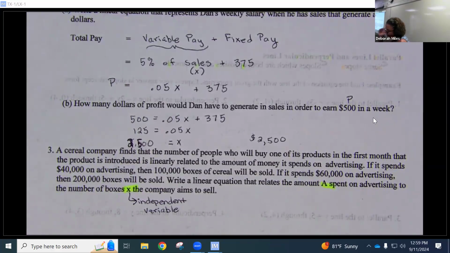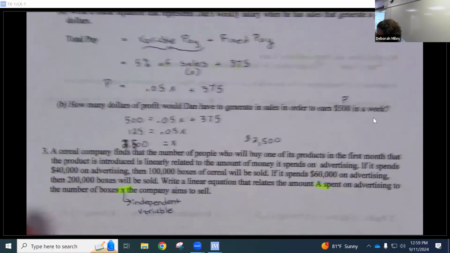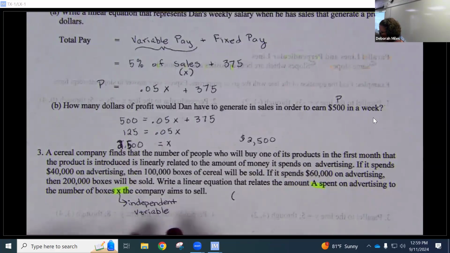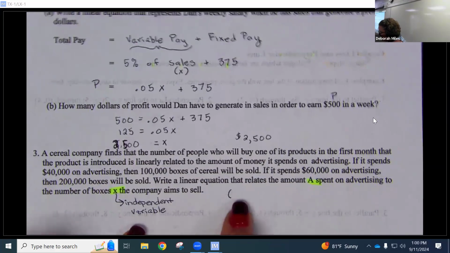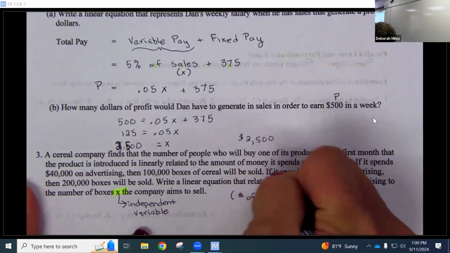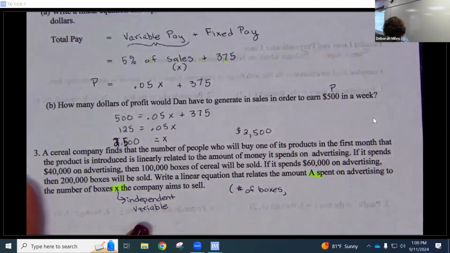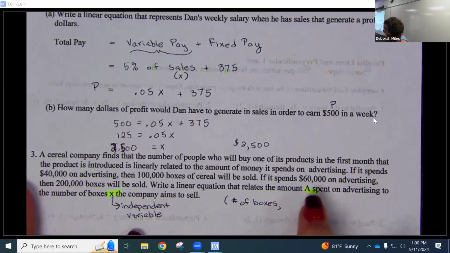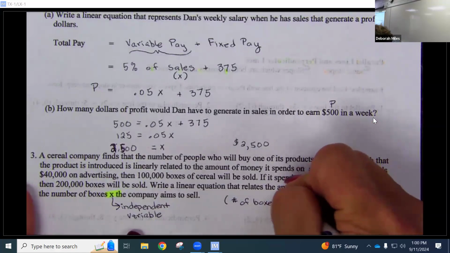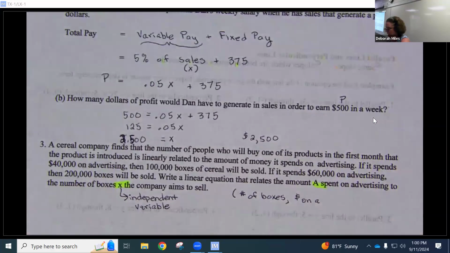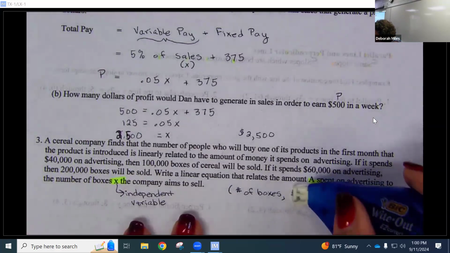And what helps me a lot with these, to make sure I set up both ordered pairs the same way, is to write in words what each ordered pair represents. The independent variable, the X, is a number of boxes. And the Y variable, or in this case, the A, is dollars spent on advertising. I guess the fastest way to write that would be ad dollars.